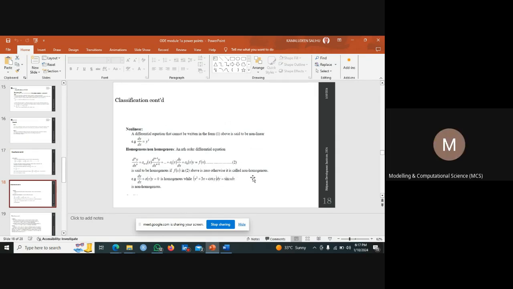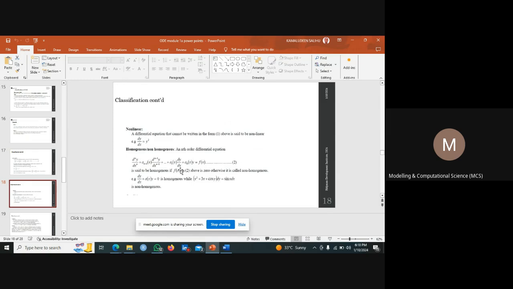Otherwise, it is called non-homogeneous. That is a simple way to recognize it: the moment it equals 0, it is homogeneous, and when it is not equal to 0, it is non-homogeneous.